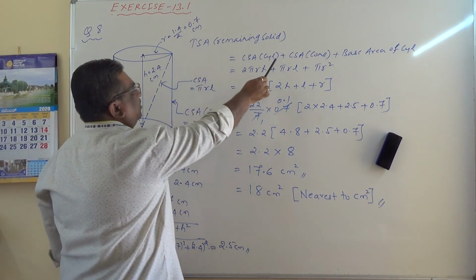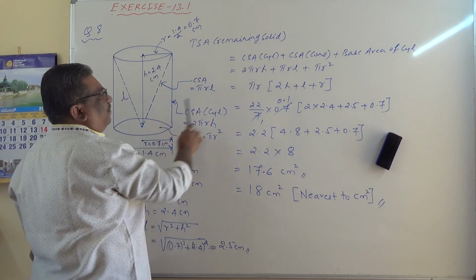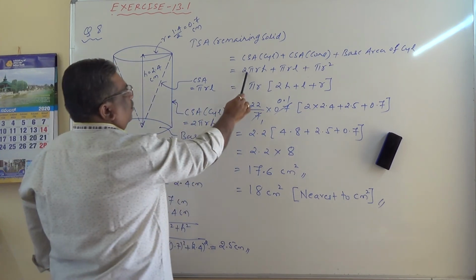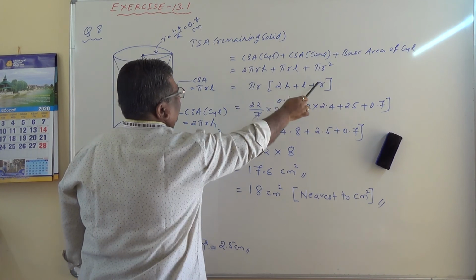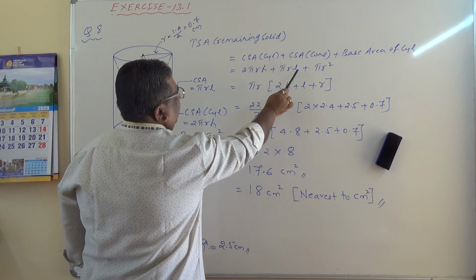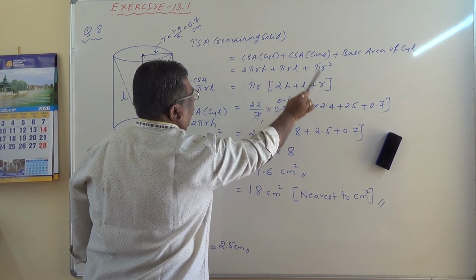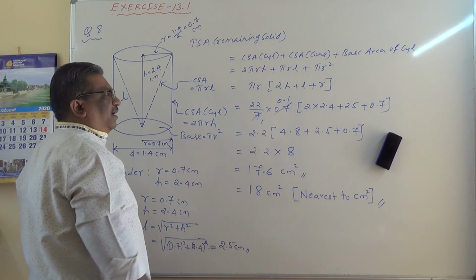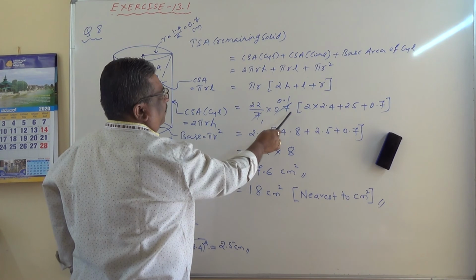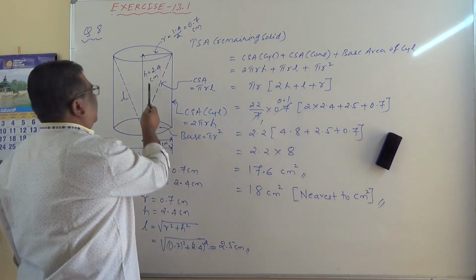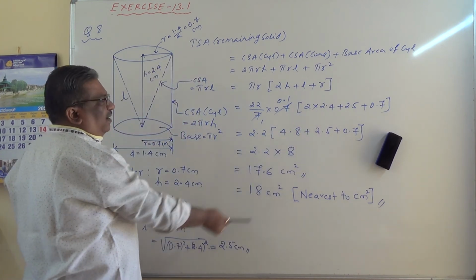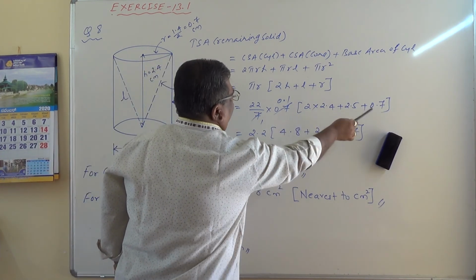So TSA of the remaining solid is CSA of the cylinder plus CSA of the cone plus base area of the cylinder. 2 pi r h plus pi r l plus pi r square. Common is pi r here, remaining is 2h inside plus L plus R, because pi r has been taken out. 22 by 7, R is 0.7 into 2 into height of the cylinder 2.4 plus L slant height 2.5 plus R 0.7.